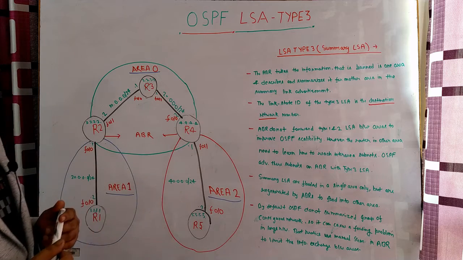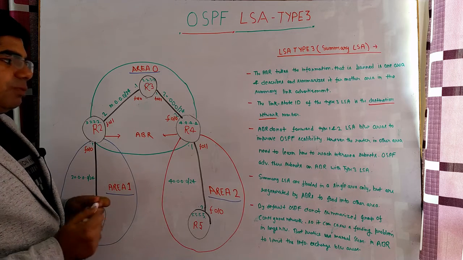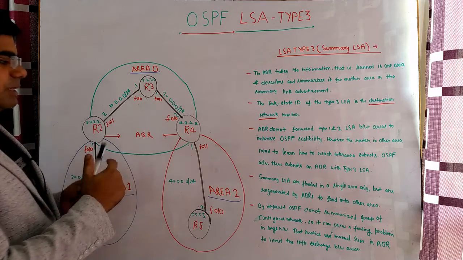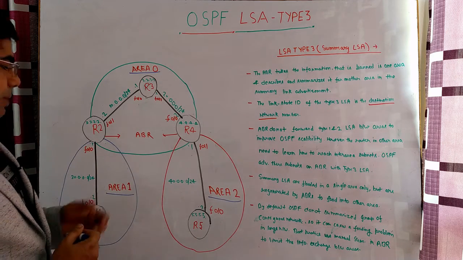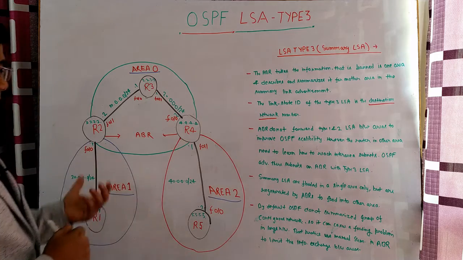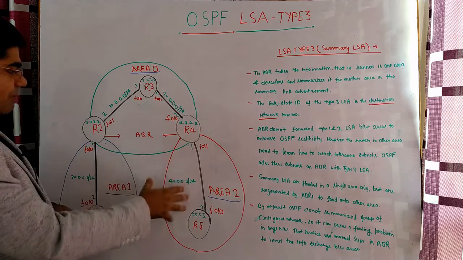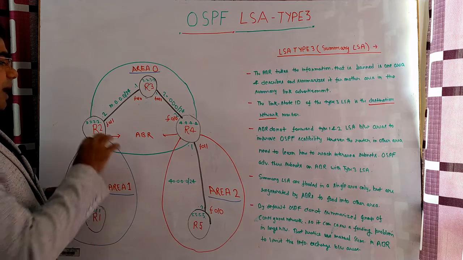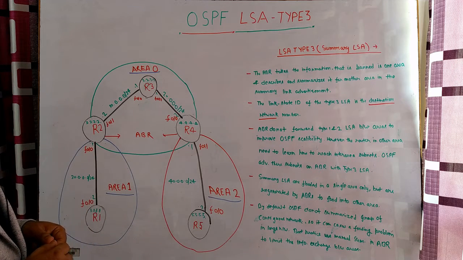ABRs do not forward type 1 and type 2 LSAs between areas, to improve OSPF scalability. If it sent all the LSAs to all areas, there would be a problem, and there would be more traffic in each area. So to improve OSPF scalability, this type 3 LSA comes into the picture.